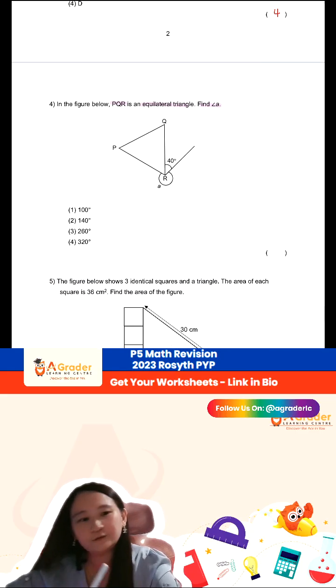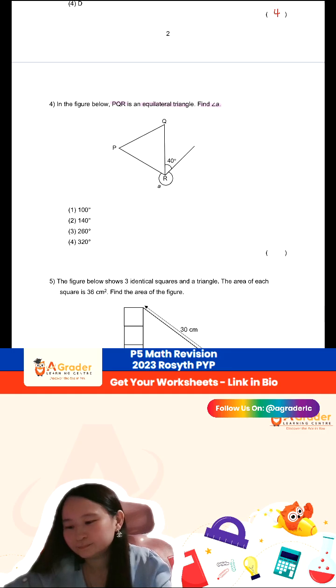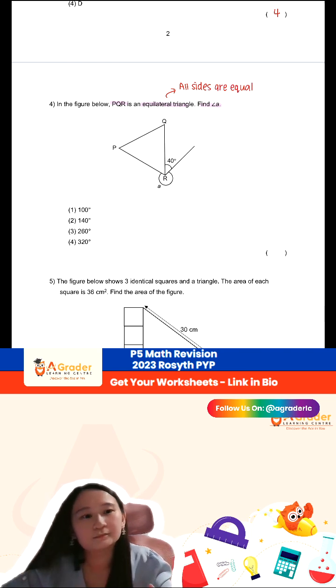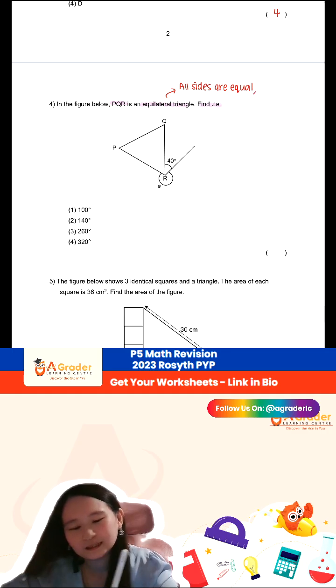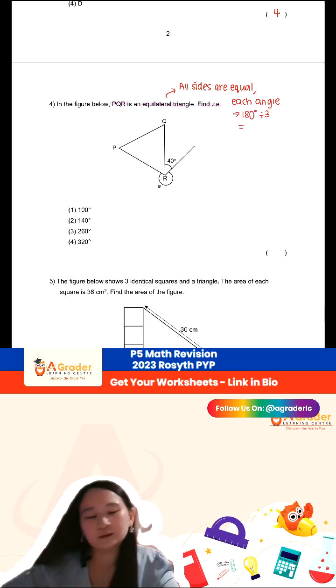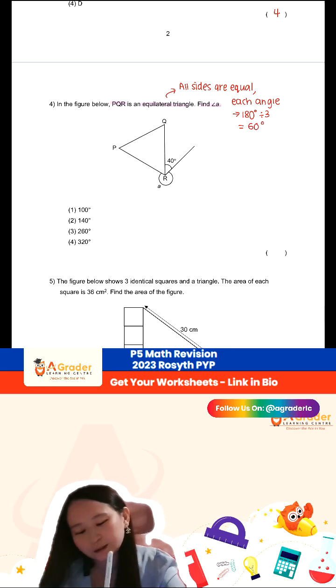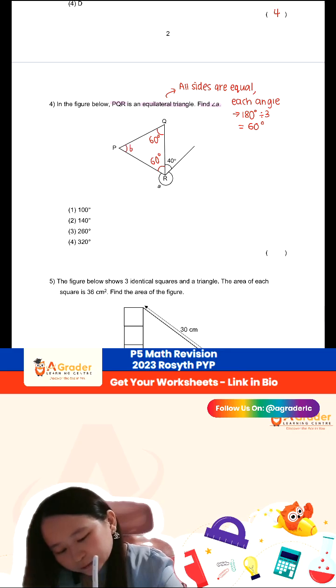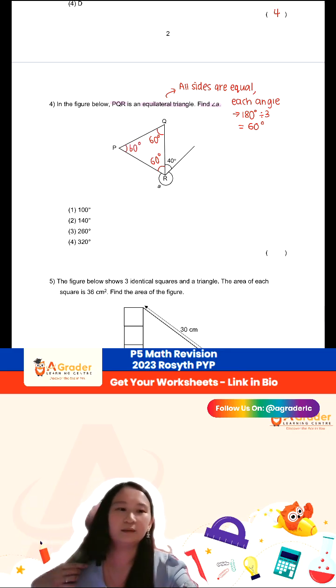Okay. Let's continue with question 4. So equilateral triangle means all sides are equal. Therefore, each angle will be, since sum of angles in a triangle is 180 degrees, we divide by 3 angles. So each angle is 60 degrees. So here will be 60 degrees, 60 degrees, 60 degrees. Okay.